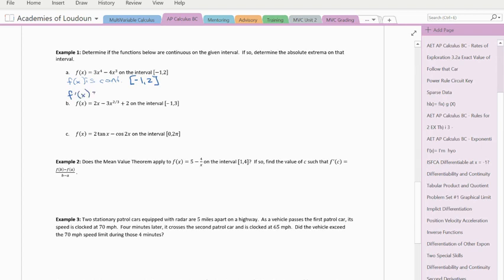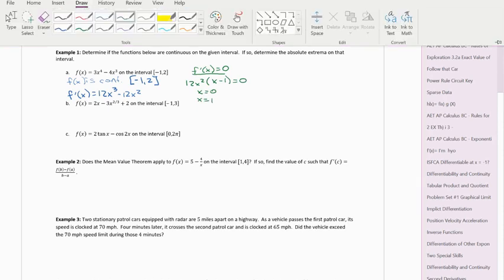So f prime of x will be 12x cubed minus 12x squared. So we're going to set this derivative equal to 0. And we have that 12x squared times x minus 1 is equal to 0. So our critical values are x equals 0 and x equals 1.